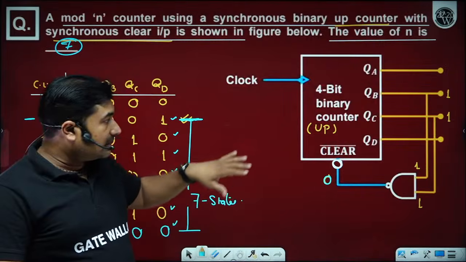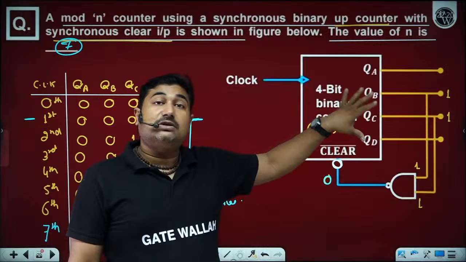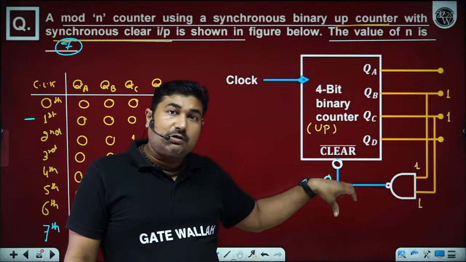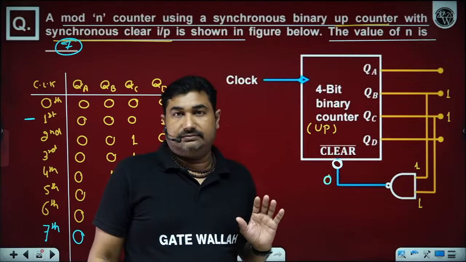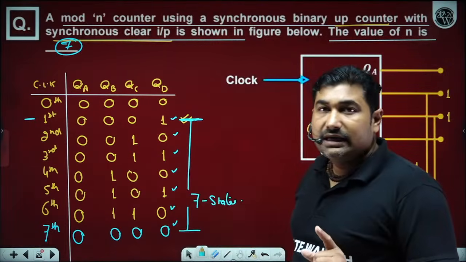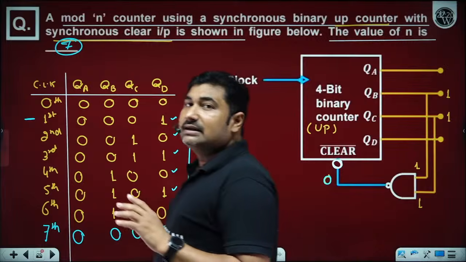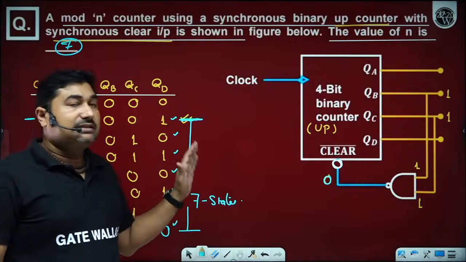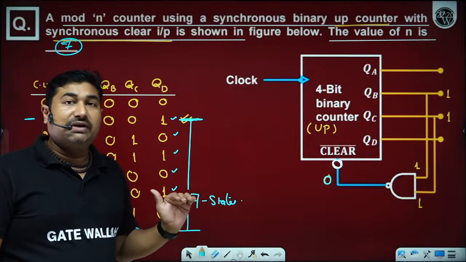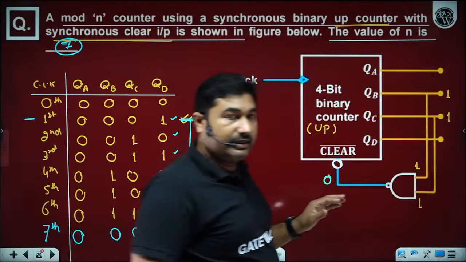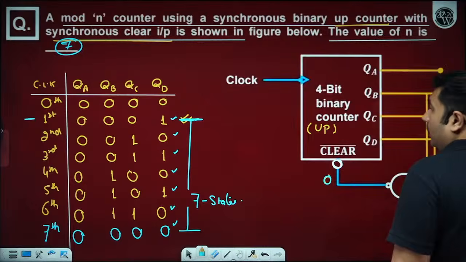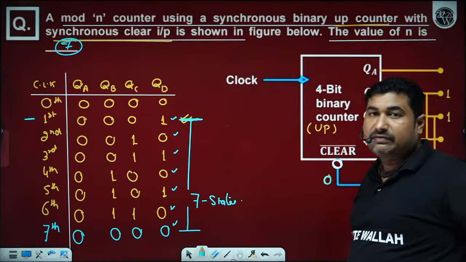If the counter is asynchronous with an asynchronous reset pin, then it is a mod 6 counter. In case of a synchronous clear pin, the counter clears all the flip-flops only when the condition appears and a clock is applied. Hoping all of you are able to understand up to this part perfectly.